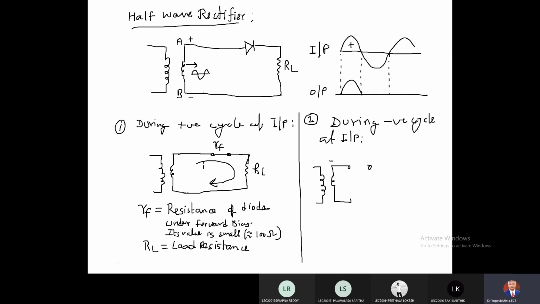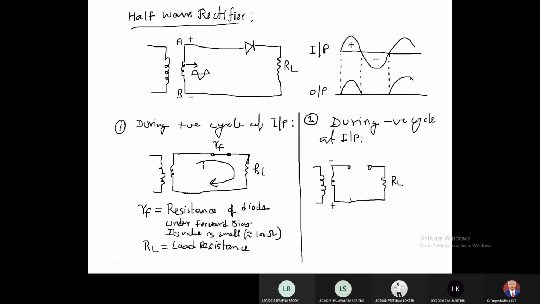Here it is negative and here it is positive, so the diode is reverse biased. This is RL. When it is reverse biased, no current is flowing, so this negative cycle of the input will be stopped. And again, in the positive cycle, forward bias, the current will flow through the diode. This is the normal operation of this half wave rectifier.